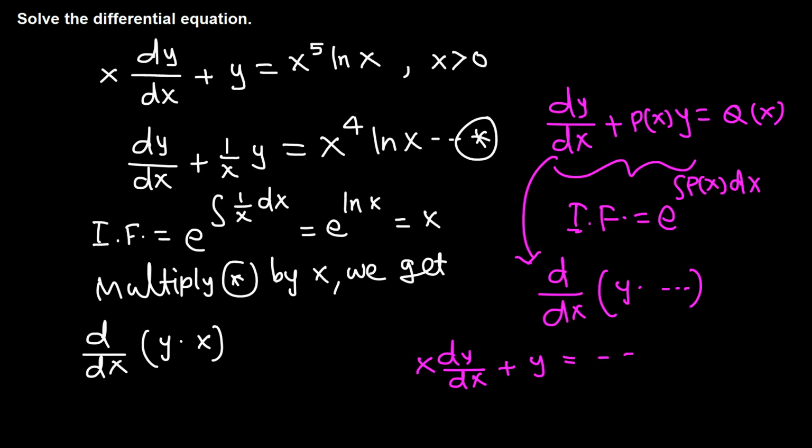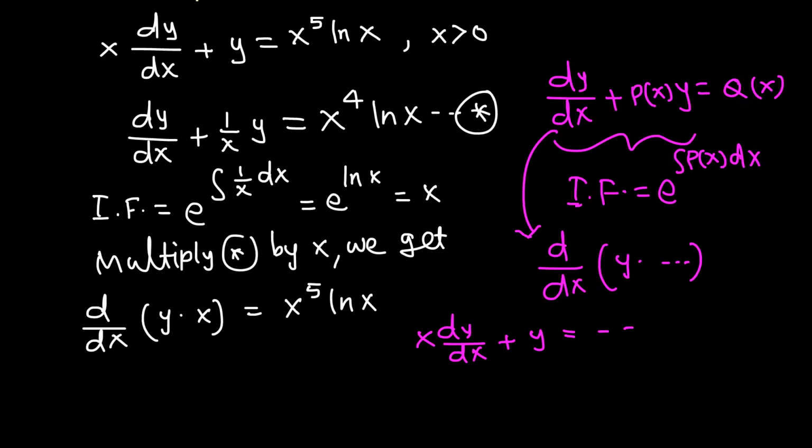Anyway, on the left hand side we have the derivative of the dependent variable times the integrating factor, equal to, we are multiplying this by x, so this becomes x to the 5th ln x. Now we integrate both sides with respect to x. Okay, so let me go a little bit below here.